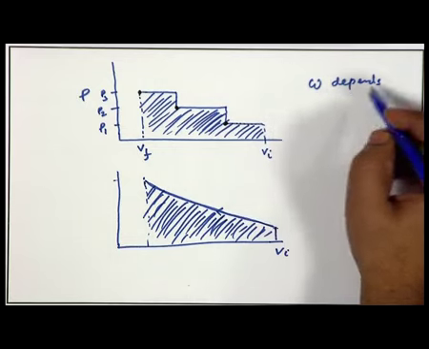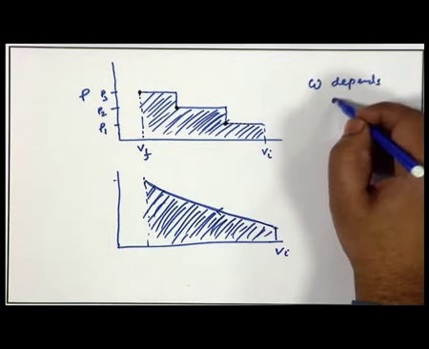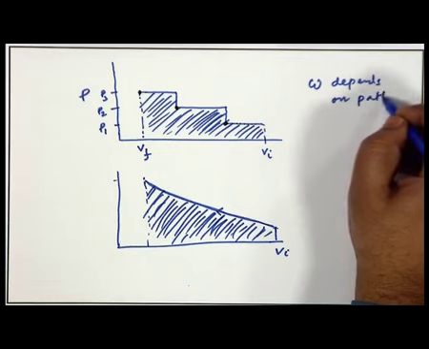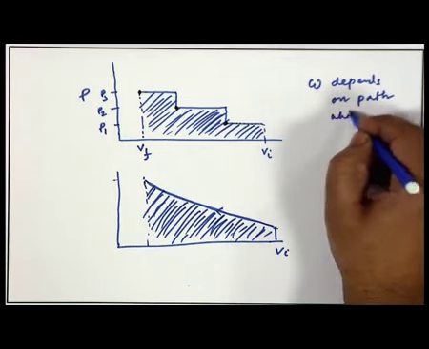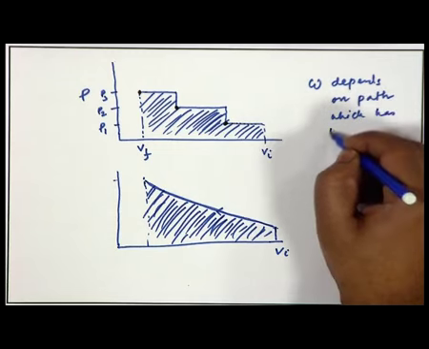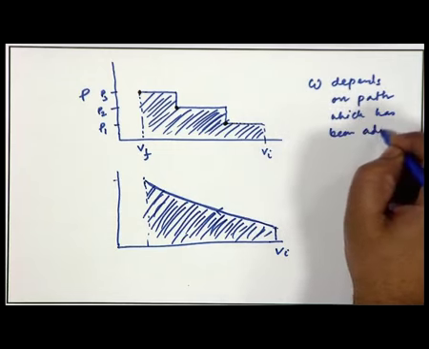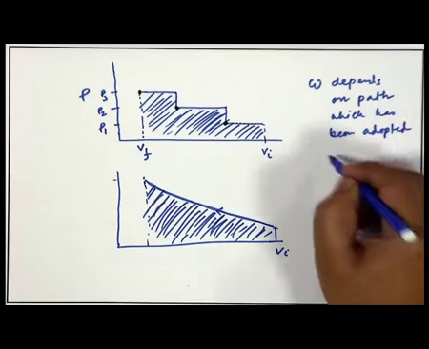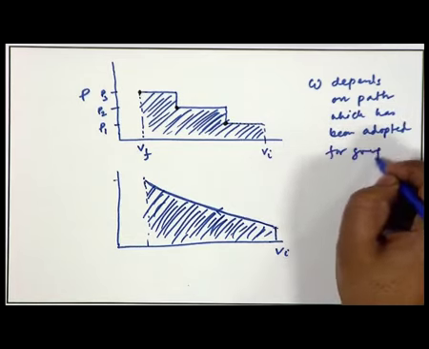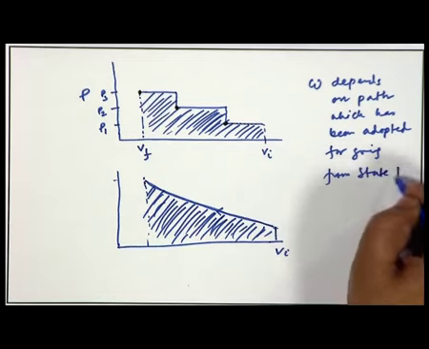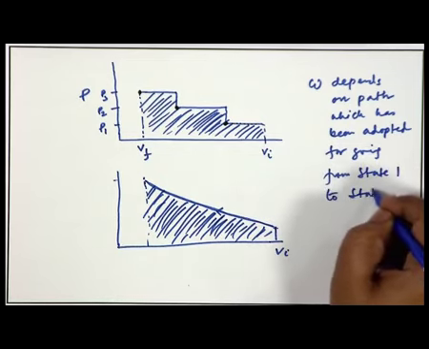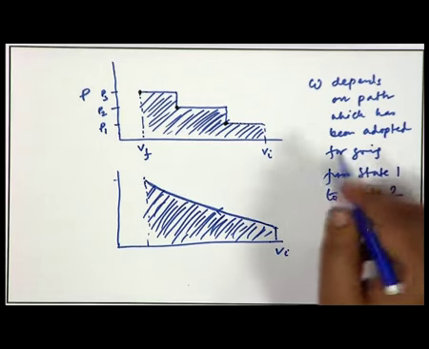So, which means W depends on the path which has been adopted for going from state 1 to state 2, or initial state to final state.